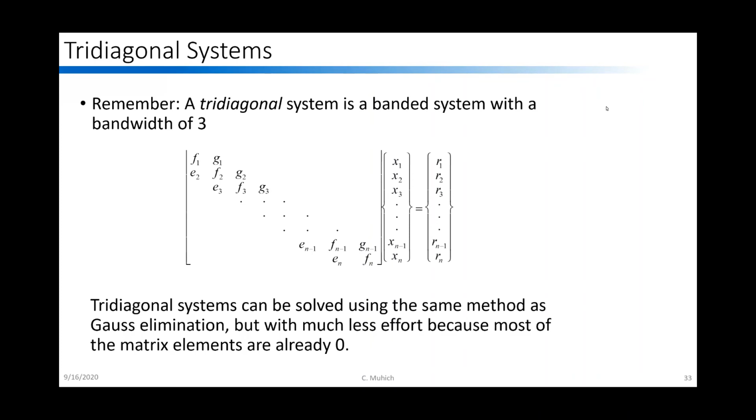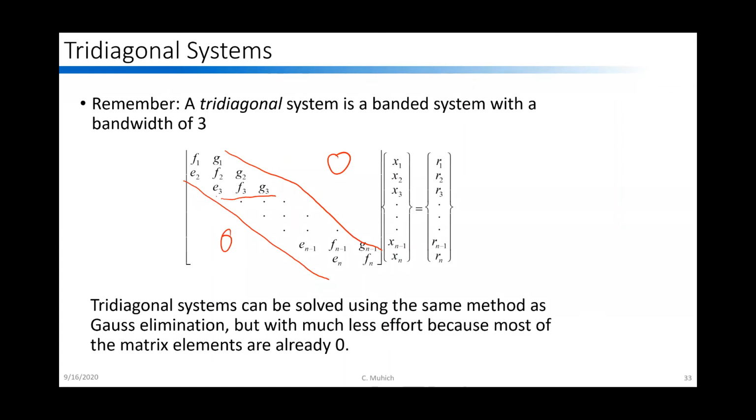The last topic that I'd like to talk to you about today is tridiagonal systems. A tridiagonal system is a banded matrix. If you remember, banded matrices are matrices that have these bands and then zeros on either side of the band. It's called a tridiagonal system because in this case, the band has width 3.